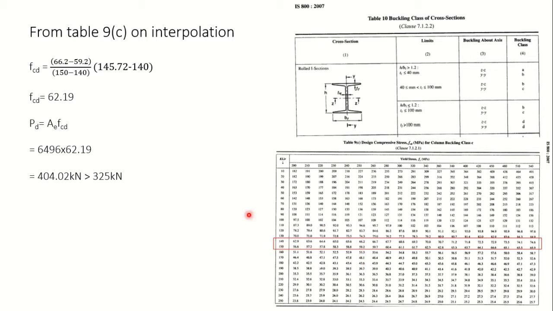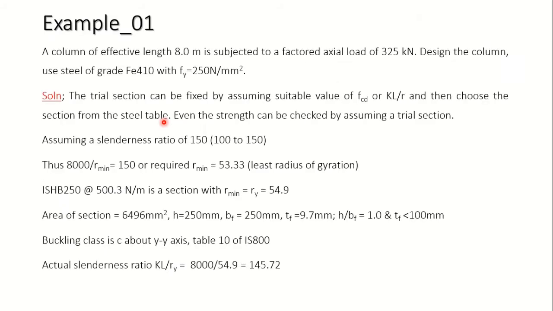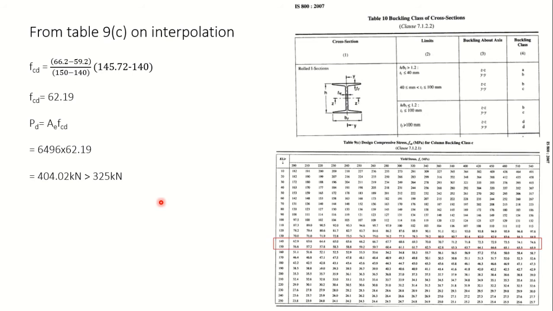I need to interpolate for our KL by r of 145.72. So with these two values for 140 and 150, fcd has been interpolated here: 66.2 minus 59.2, divided by 150 minus 140, into 145.72 minus 140.